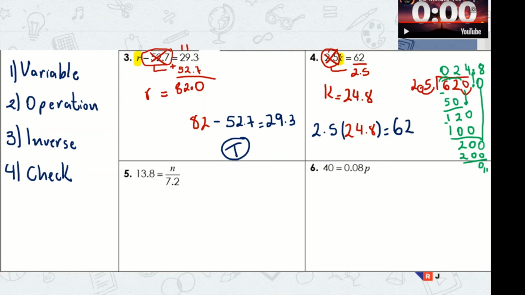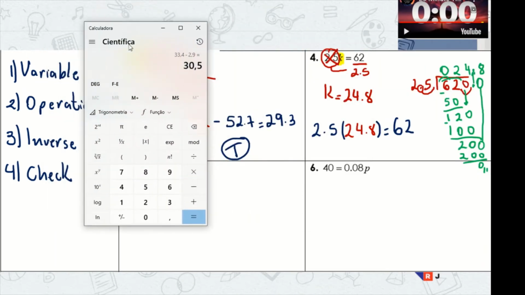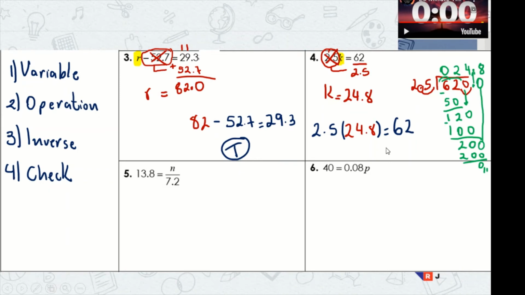True. Great. Let me show you. I have my calculator here with me. 2.5 times 24.8. What do we got? 62. Great, this is a true statement.